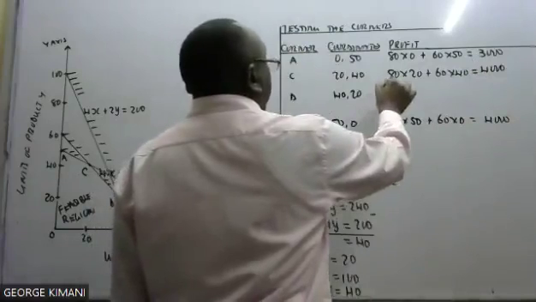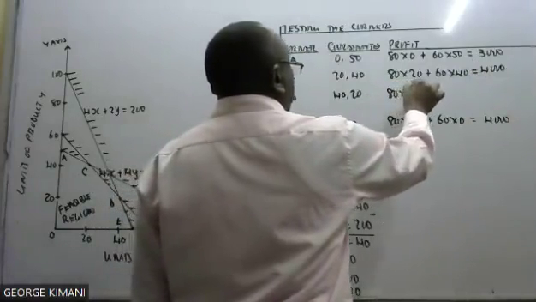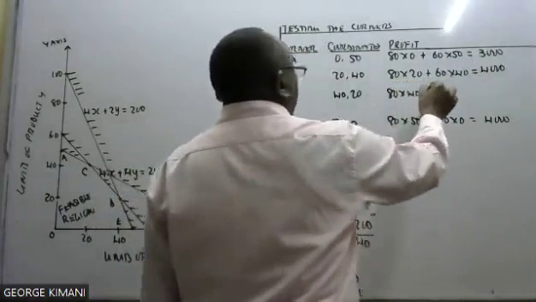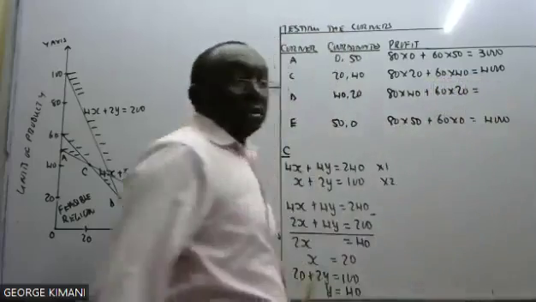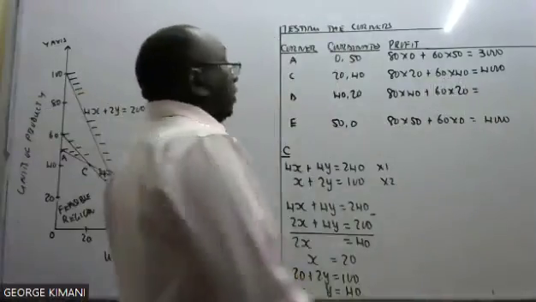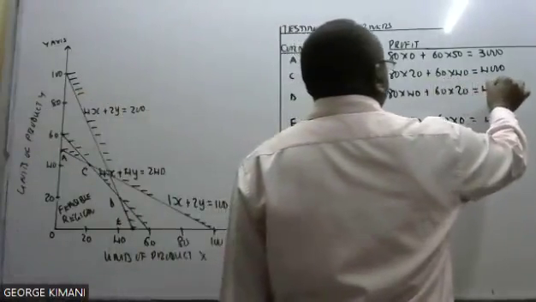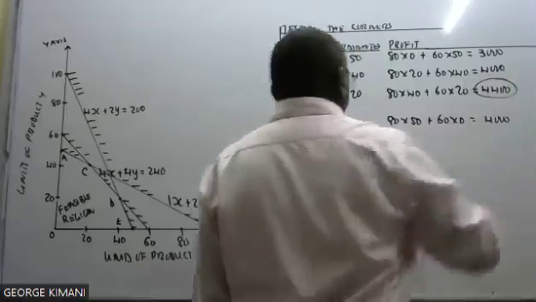Then the other one is 80 times 40 plus 60 times 20, that is 4,400. So this is the best.